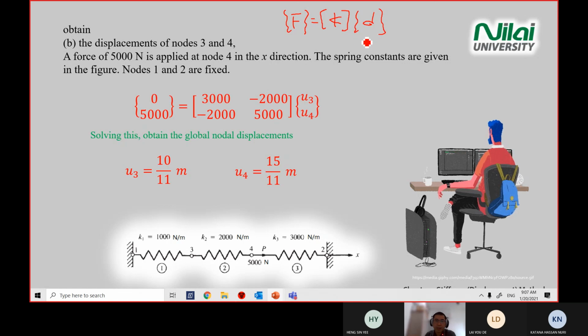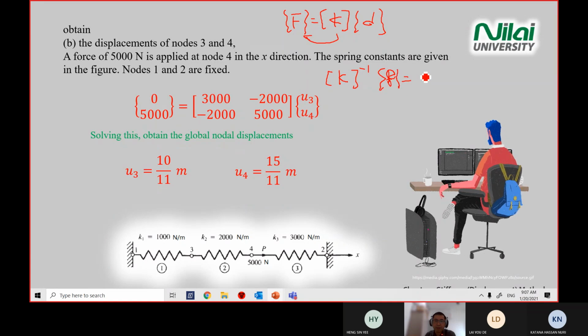You want to solve the displacement, so you move this one to the left hand side. You will get K minus 1 F equals D. Apologize for this one.